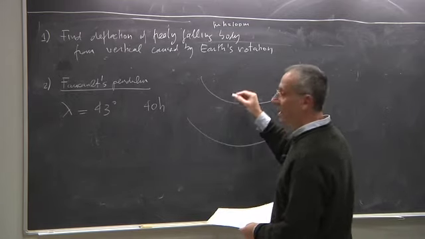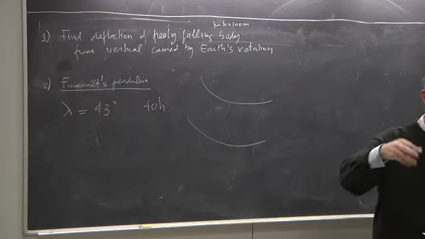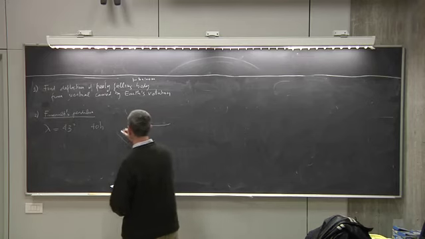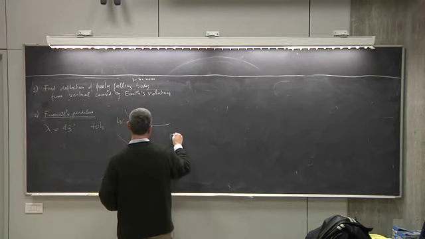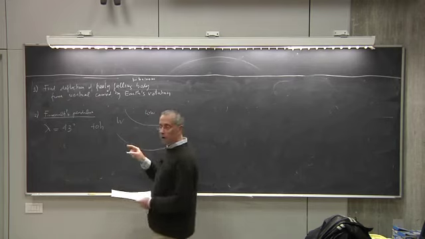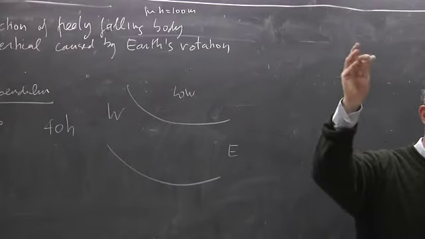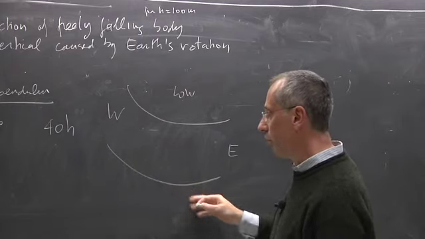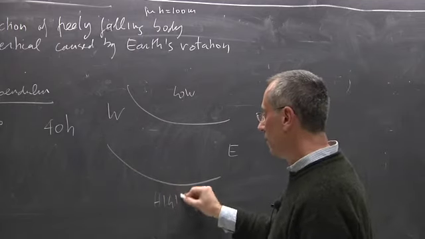And in general, I mean, on the average, of course, high and low pressures, they change with time. But on the average, if this is west and this is east, you expect to have low pressure higher north, and roughly at the tropics, you have high pressure.